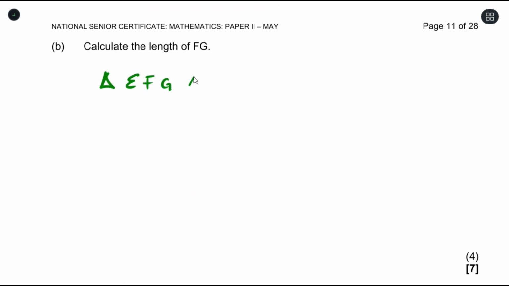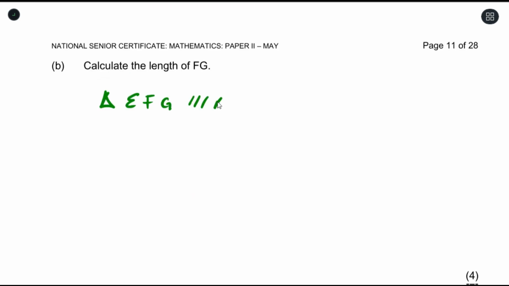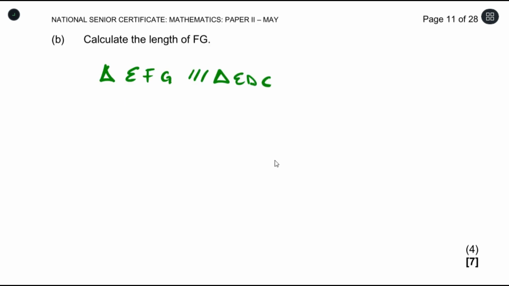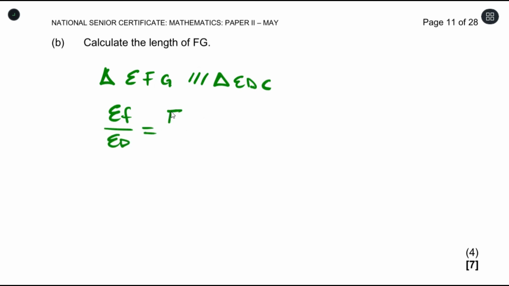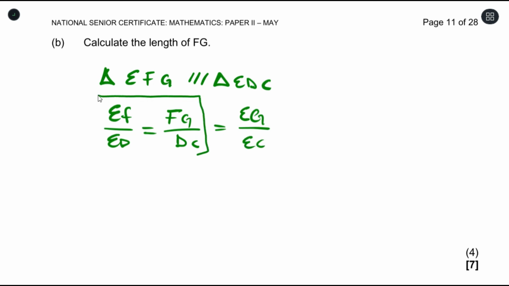That would mean that EF over ED is equal to FG over DC, which is equal to EG over EC. But I'll only focus on this here.